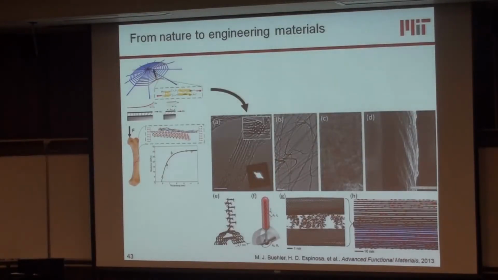And here I just want to highlight that by studying those biological materials, we want to migrate our knowledge into the improvement of engineering materials. For example, this is the recent work by Professor Buehler and Professor Espinosa on carbon nanotube yarns.